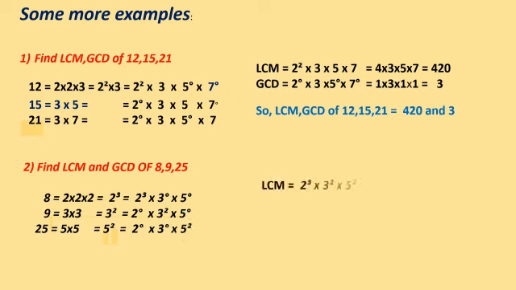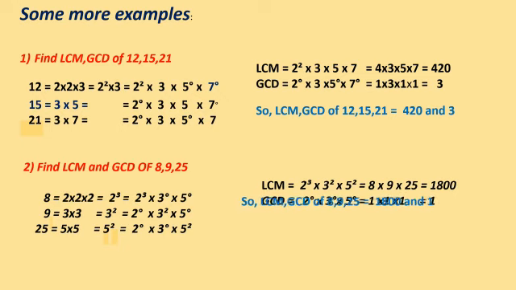Now LCM is the maximum powers, that is 2 cube, 3 square and 5 square, whose value gives 1800. Let us see, here 3 square and in the last column 5 square are the maximum powers. Now for GCD we have to take the lowest powers, 2 power 0, 3 power 0 and 5 power 0. Each value is 1, so GCD is 1.